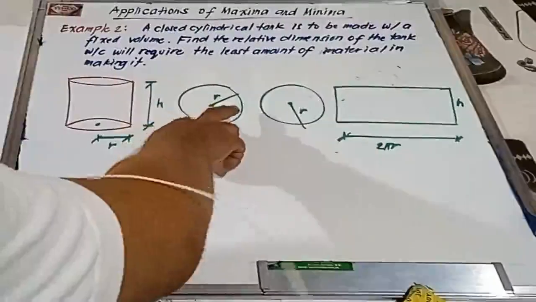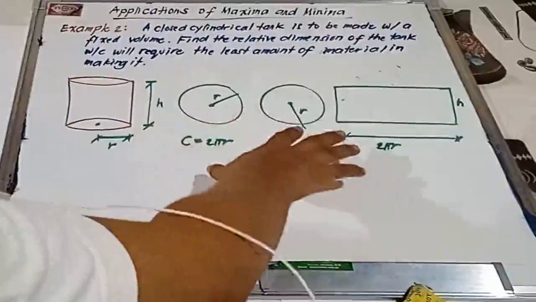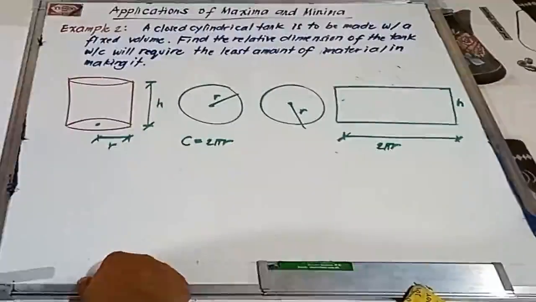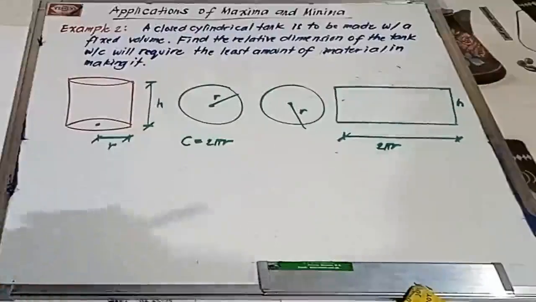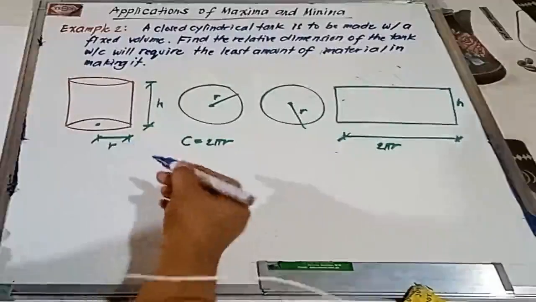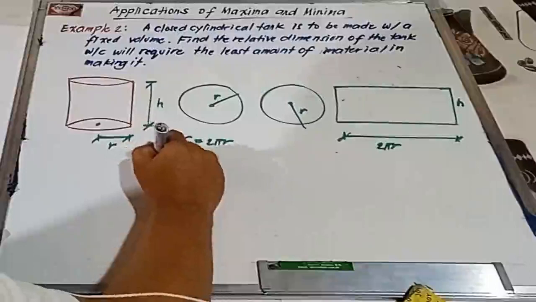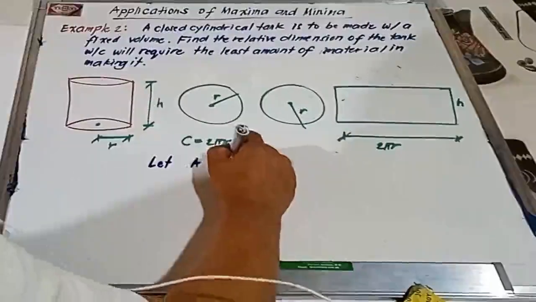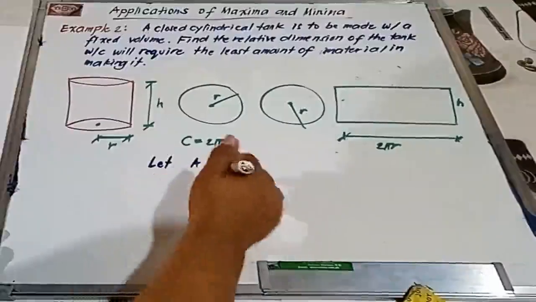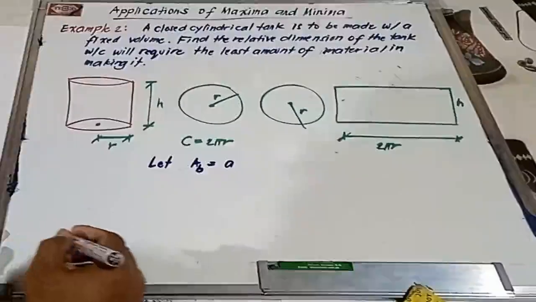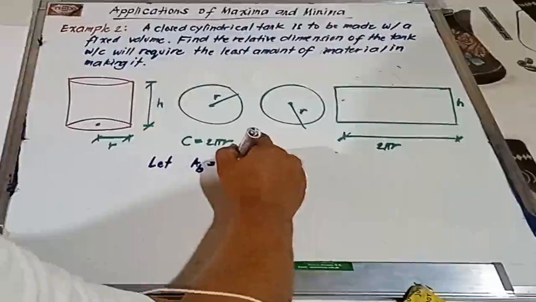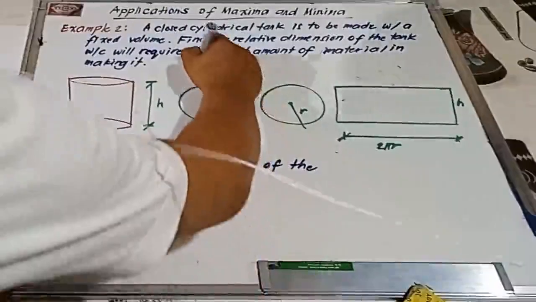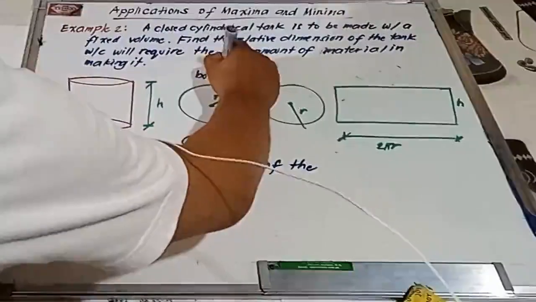So, ito ang ating imi-minimize. Ano itong mga to? Ito yung mga surface areas na imi-minimize natin. Okay? So, gawa muna tayo ng mga variables natin. So, let A sub B be the area of the circular base. Bottom na lang, bottom. Area of the bottom. Let's say ito yung bottom. Ito yung top.